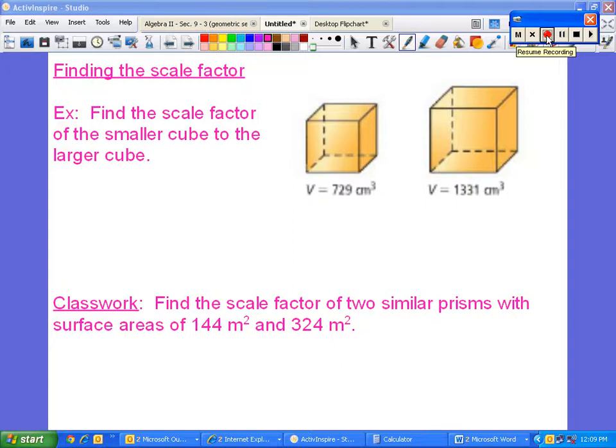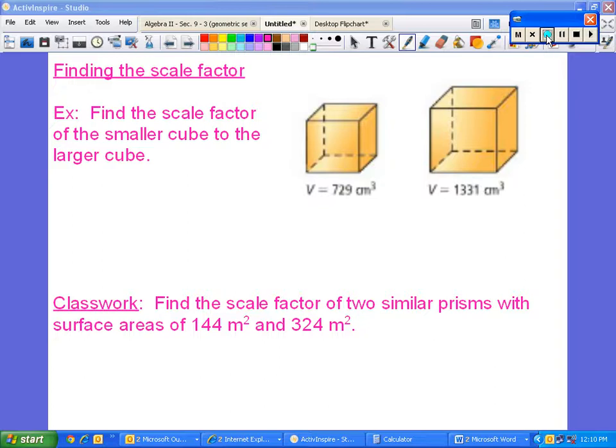All right, so what we want to do is find the scale factor. What's important is to look at what units they're giving us. In this particular case, they're telling us the volume. So we have to remember, what is the ratio of the volume?